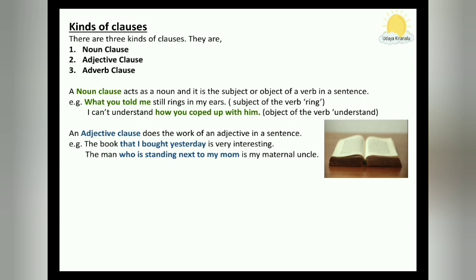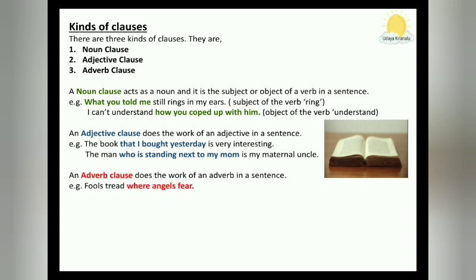So we need this clause. So here this clause is doing the work of an adjective. It is referring to a particular book. And the next example, the man who is standing next to my mom is my maternal uncle. Here the adjective clause is who is standing next to my mom.